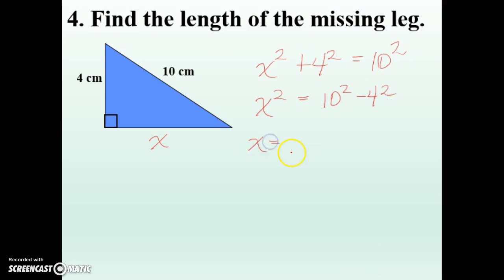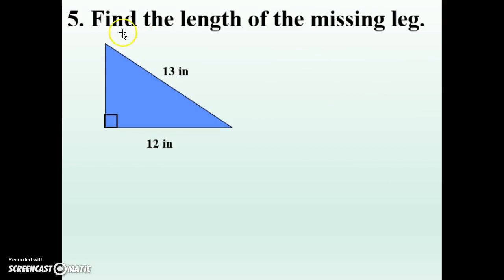And x, in this context, since it's a measure, is going to have to be the positive square root of 10 squared minus 4 squared. So Pythagorean theorem, something you're really comfortable with, not an issue.